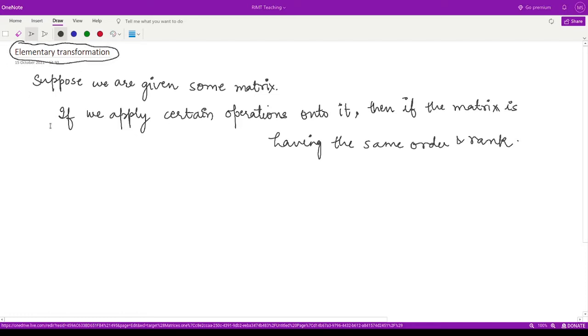Now by elementary transformation we generally can do certain things.